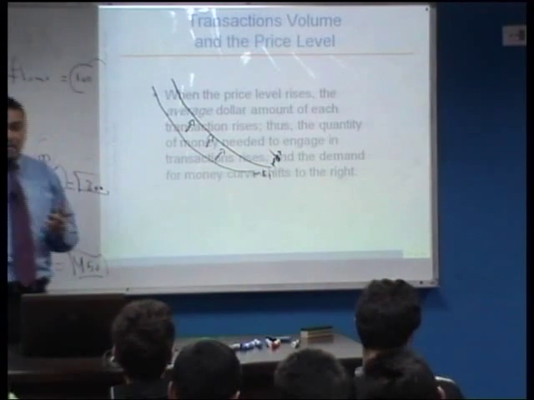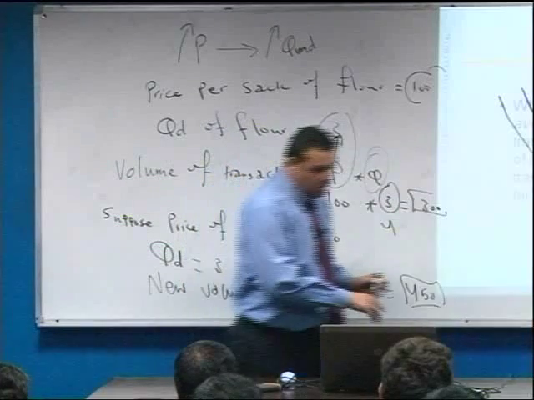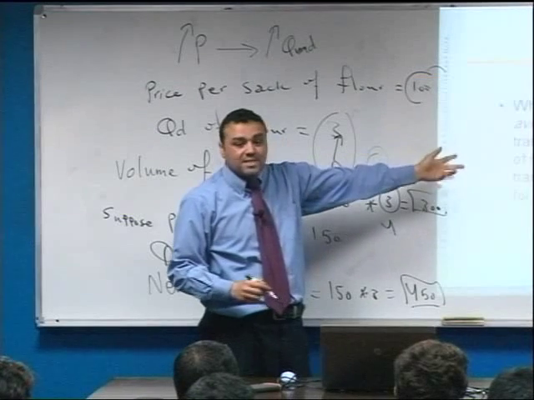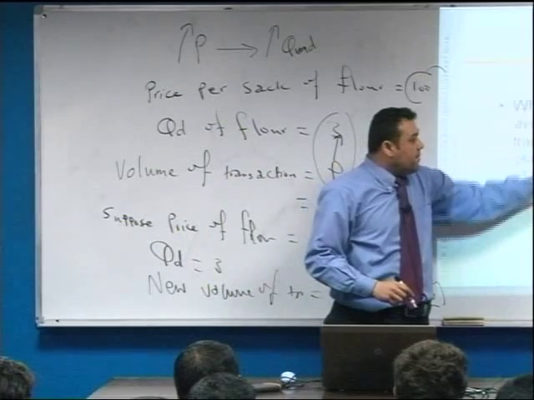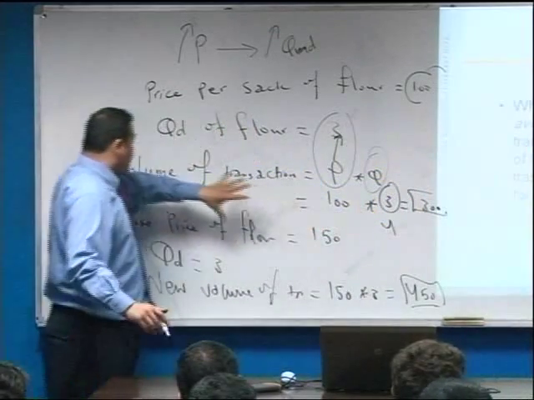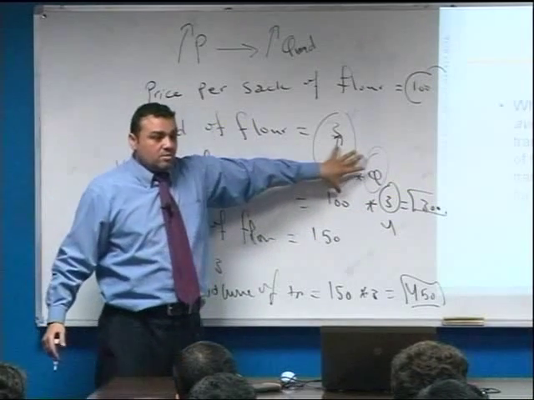The same idea. Increasing the prices, as you see, when the price level rises, the aggregate dollar amount for each transaction rises, which means the volume of transaction would increase.